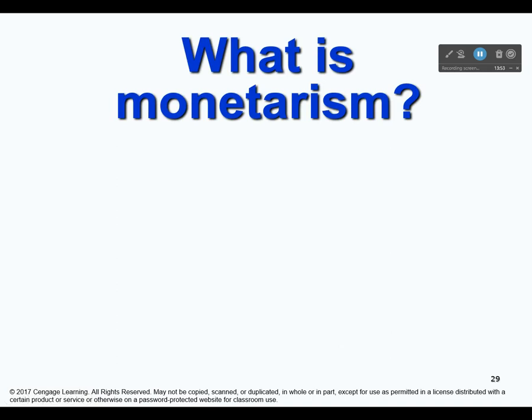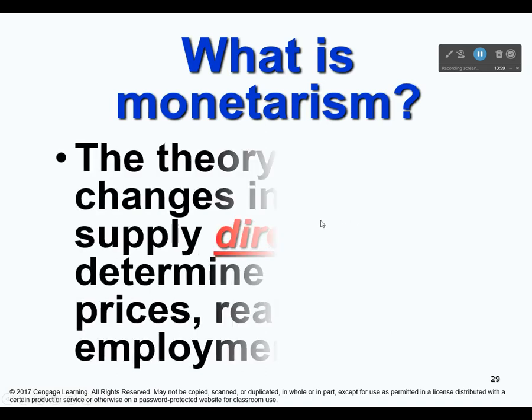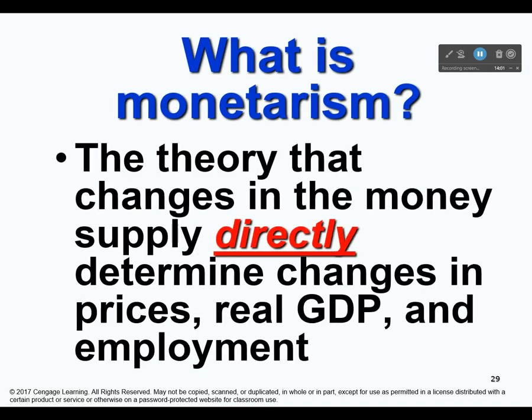Now, a very closely related paradigm in economics is something called monetarism. Monetarism comes to us from people like Irving Fisher and Milton Friedman. This is a theory that says that changes in the money supply directly determine changes in prices, real GDP, and employment.